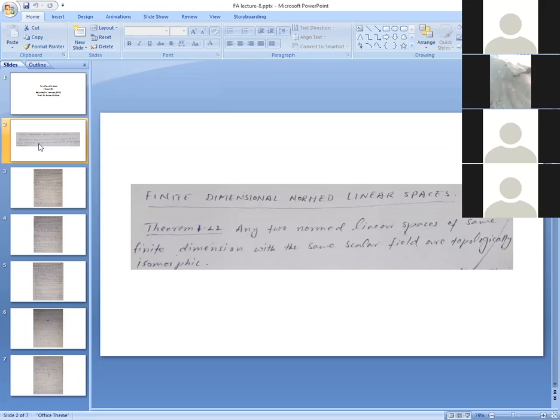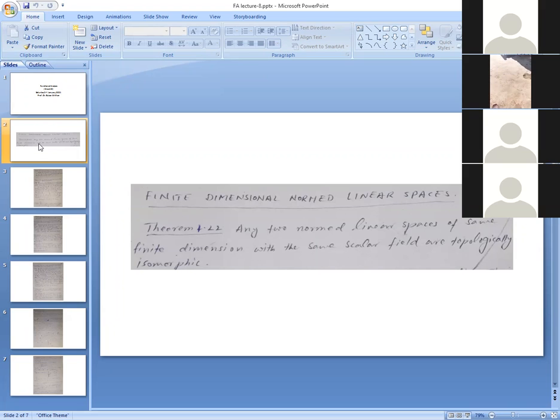And what is a topological isomorphism? If you remember the definition, an isomorphism T from one space to another is a topological isomorphism if T inverse exists such that T and T inverse are both continuous.